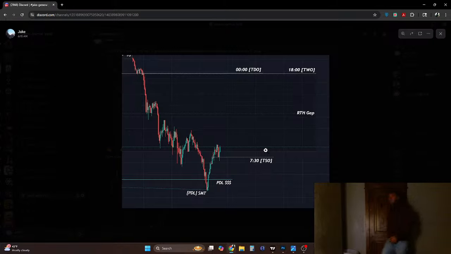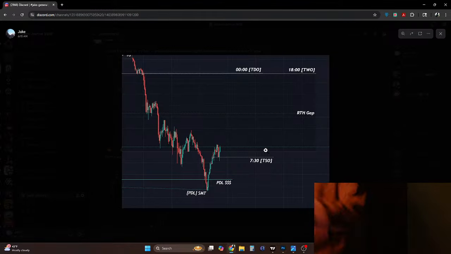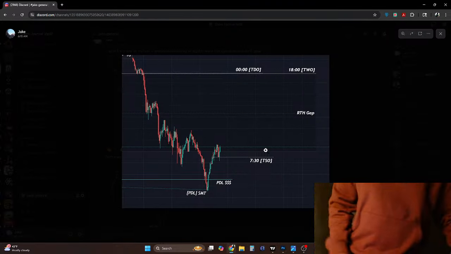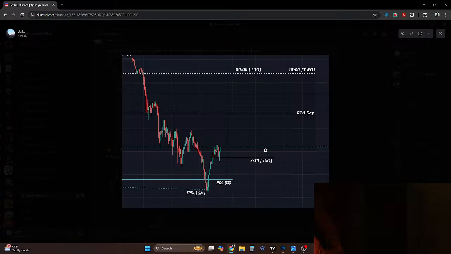Actually, let me set up all my risk first, or not my risk, but I'm gonna make sure all my accounts are up and ready to execute. Alright, daily loss limit on personal is set. Boom. Okay, set up to buy market order. We got that set up now.